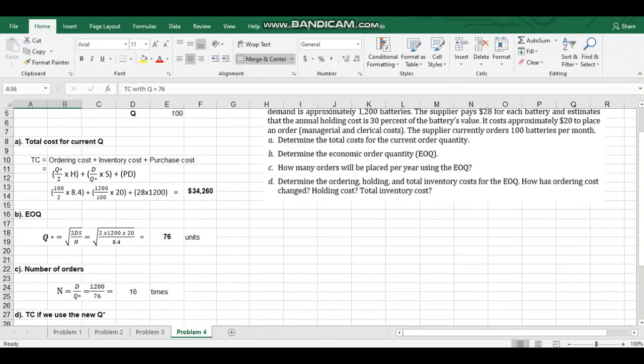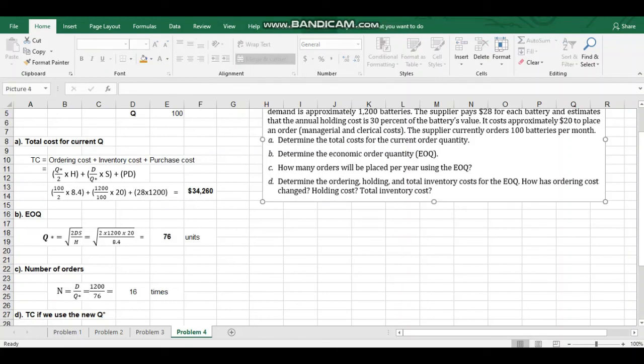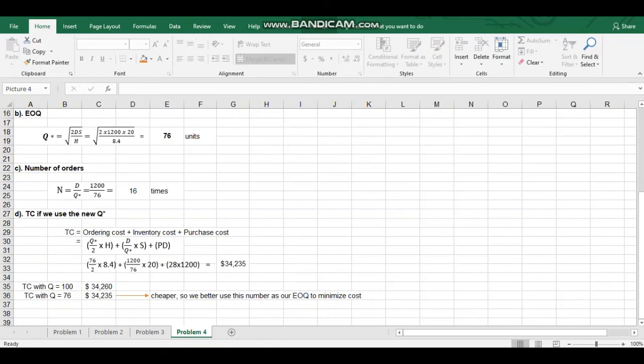Or if you want to break down each one of them, the ordering cost and the holding cost or inventory cost, just separate the calculation, okay. This one is just the total cost.